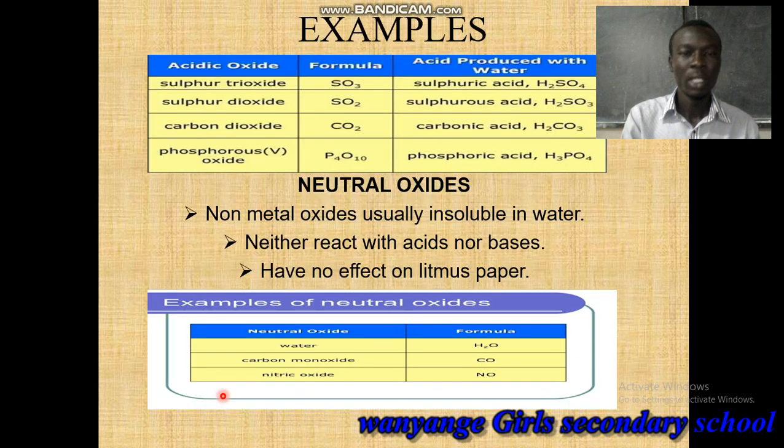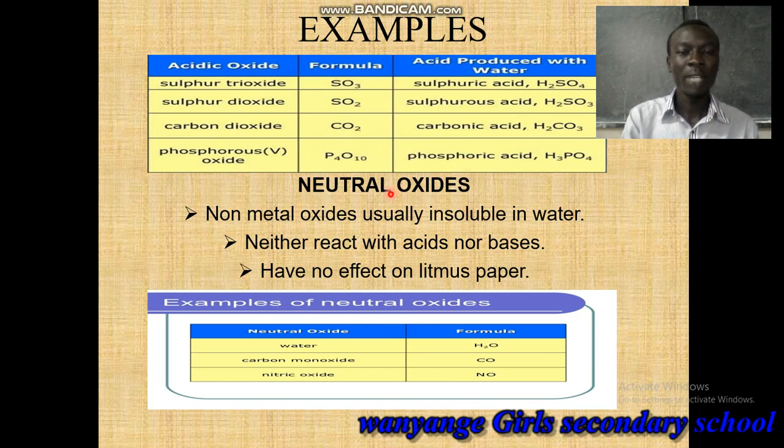Further examples: sulfur trioxide dissolves to form sulfuric acid, sulfur dioxide forms sulfurous acid, carbon dioxide forms carbonic acid, and phosphorus pentoxide forms phosphoric acid.